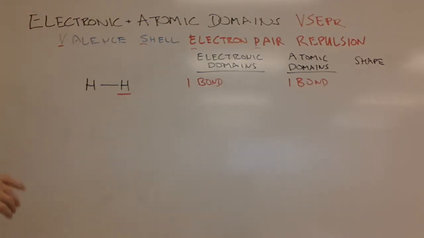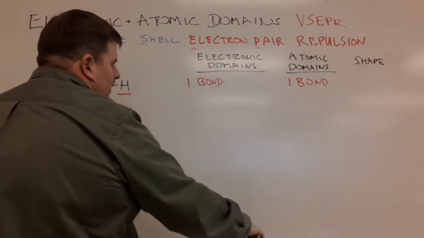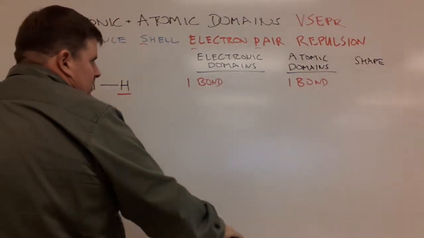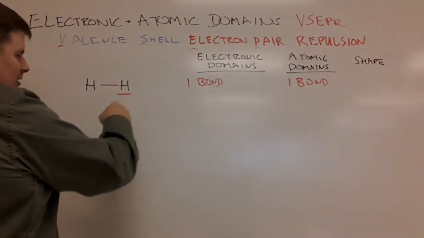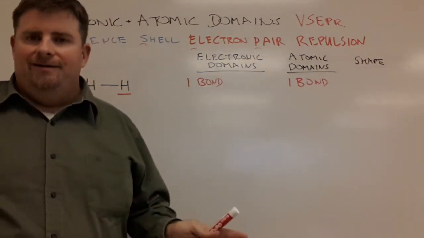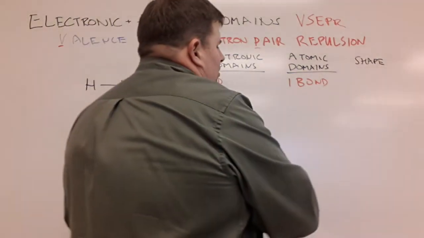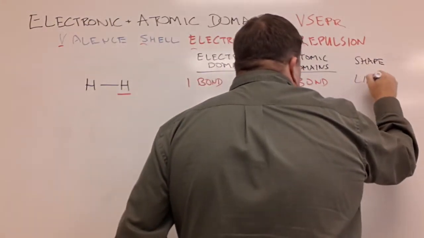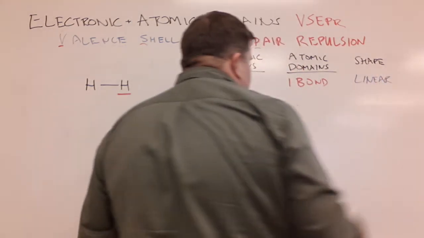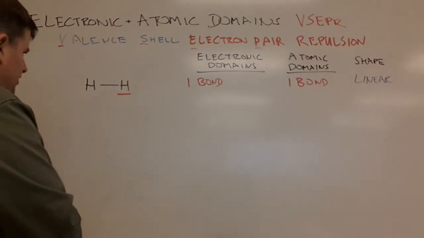This one has one bond. Since the atomic domain is one bond, I've got two of these things together. If I have two points in space, it's going to define what? A line. So the shape of this is a line. So this is linear. Linear shape.